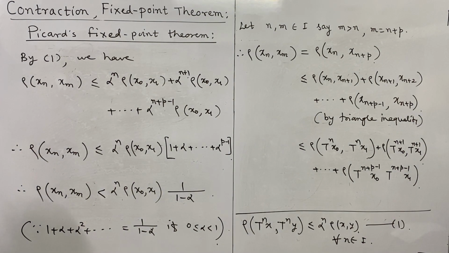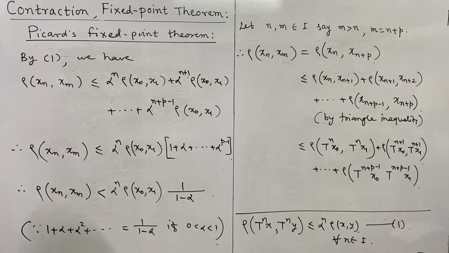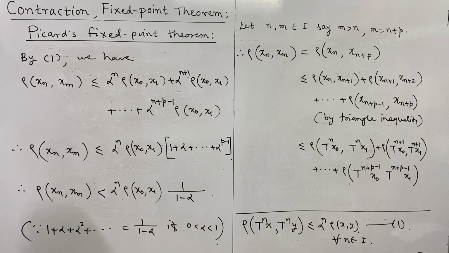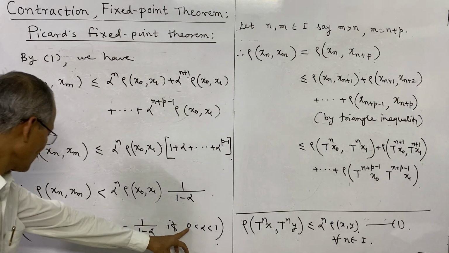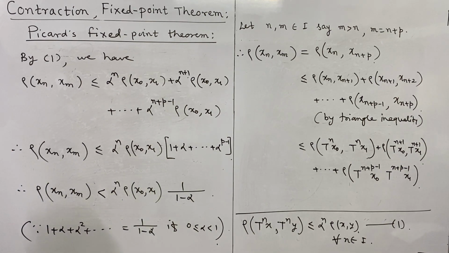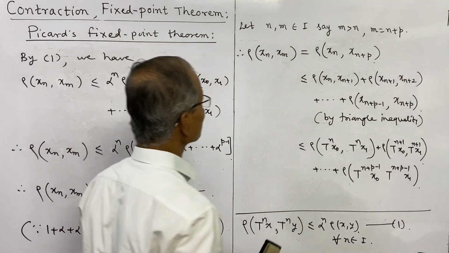So it is true for 0 also. Thus this is the relation we have obtained, and we have again that alpha is less than 1.